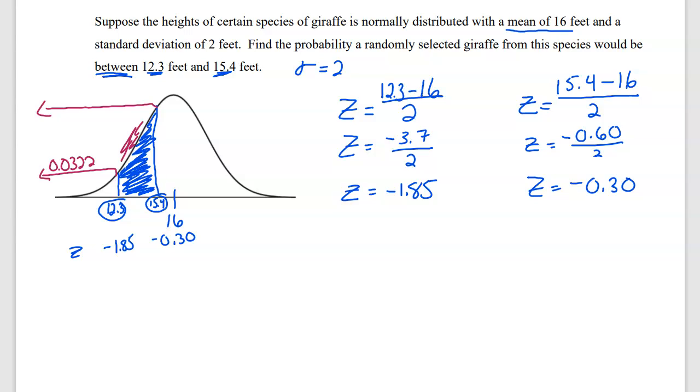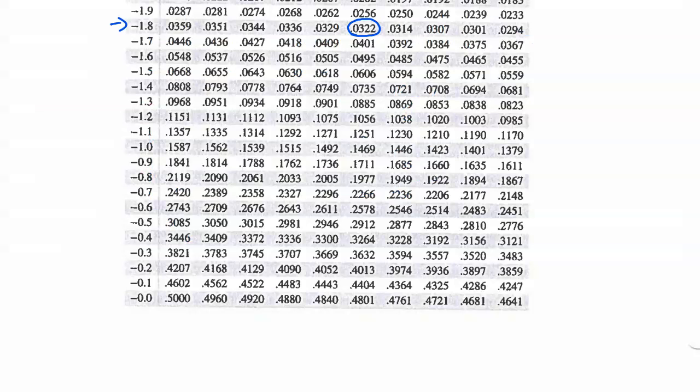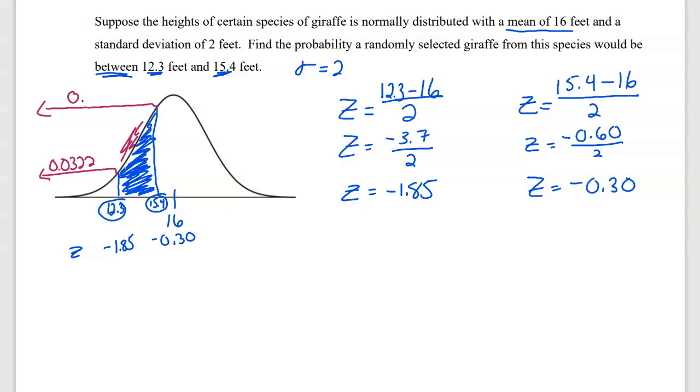Now we need it for a negative 0.30. Negative 0.30 would be a 0.3821. So I'm going to subtract these.